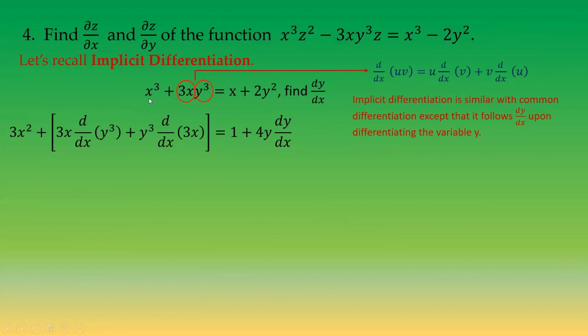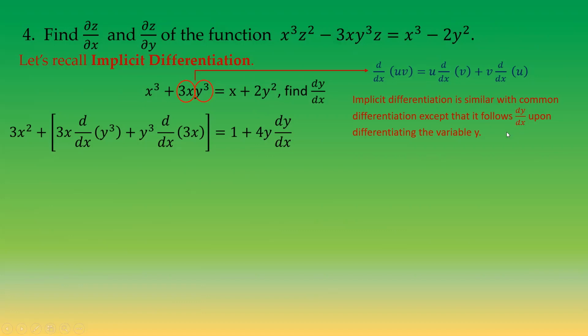So, ang derivative ng x cube ay 3x squared. Since ito ay naka-product, we have our first function 3x, derivative tayo ng y cube plus y cube derivative of 3x. So, equals derivative ng x ay 1 plus ang derivative ng 2y squared ay 4y dy over dx.